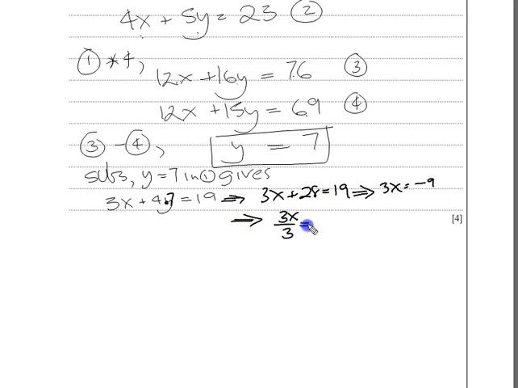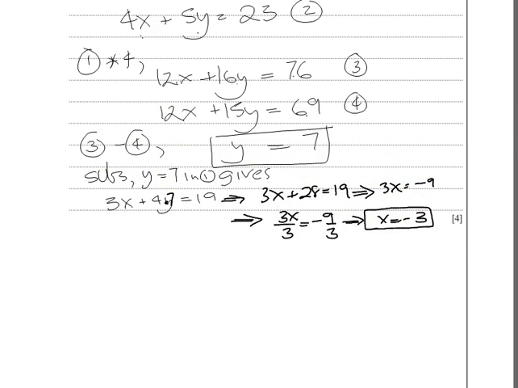Then the 3s cancel. Divide by 3 both sides, because you have to do the same thing to both sides. That gives you x equals minus 3. Sorry about running out of room. It'll serve me right for writing so big, won't it? x is minus 3. So we've got y equals 7 and x equals minus 3.